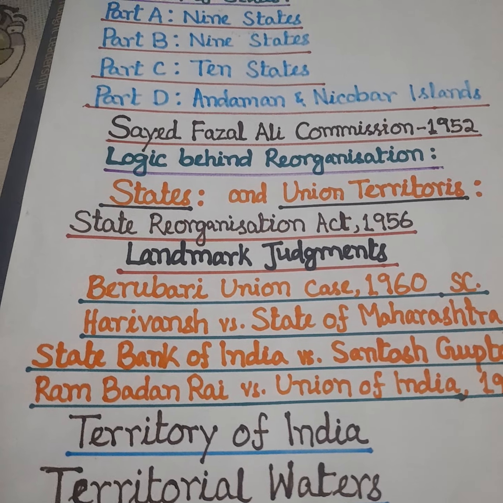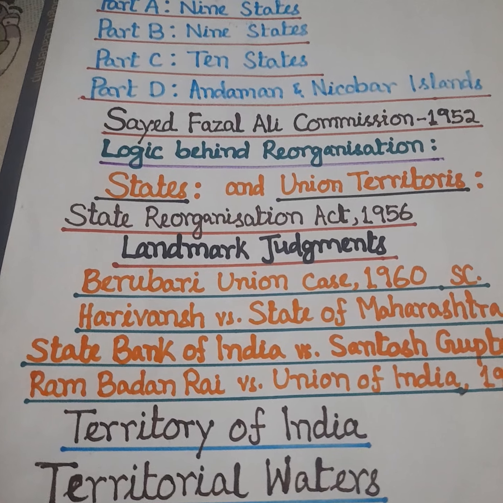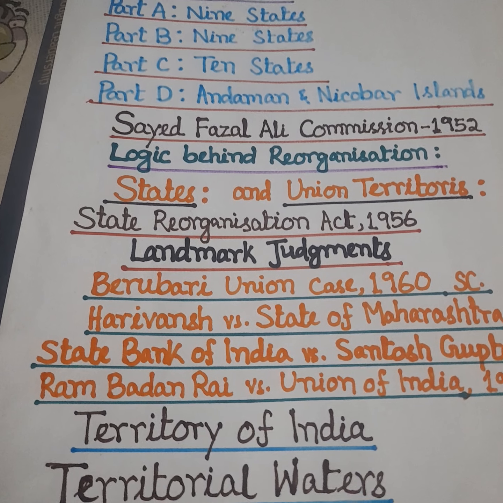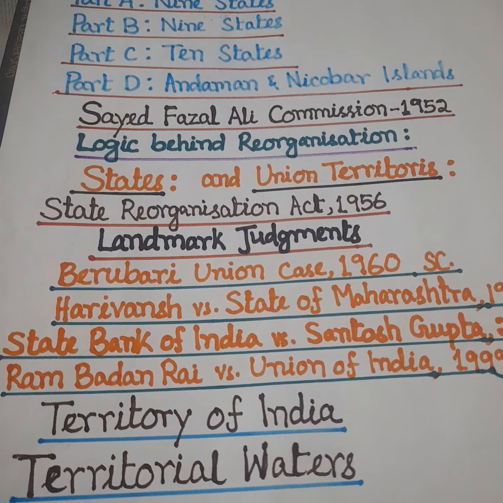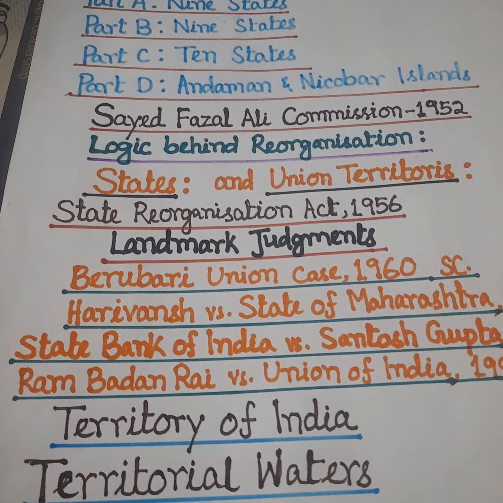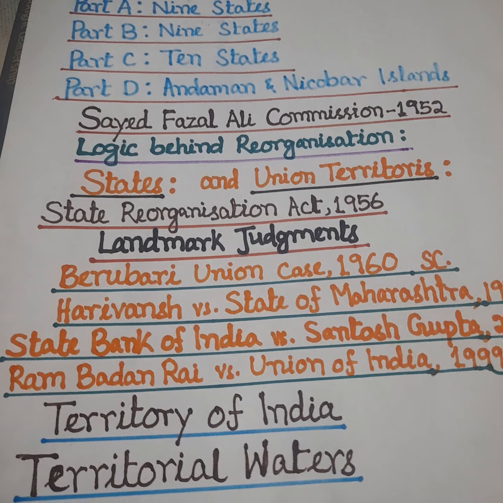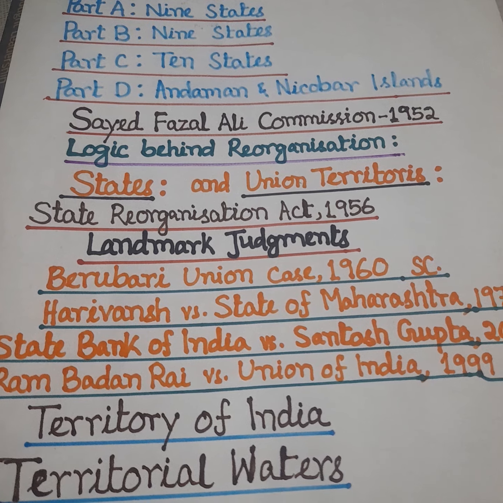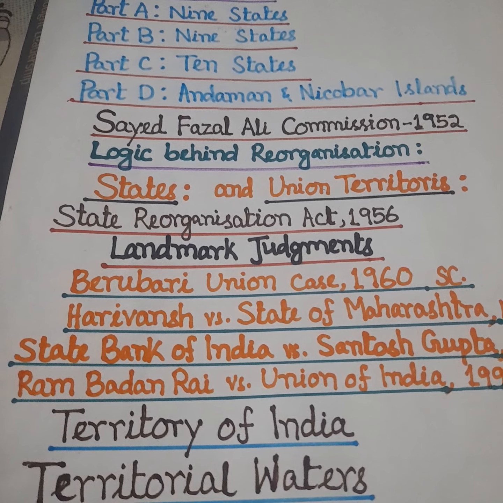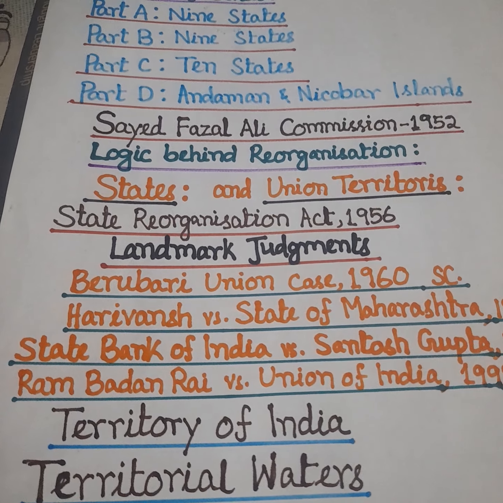So, comprising all these states, India at present consists of 28 states and 8 union territories.